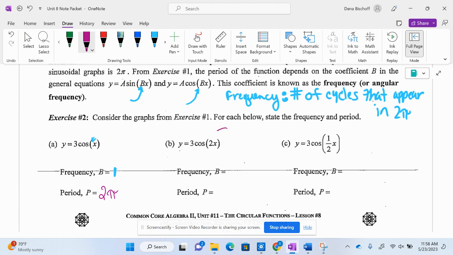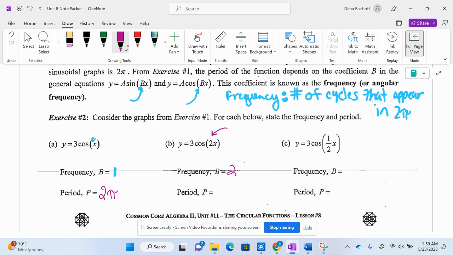But when I changed that coefficient to a 2, my frequency became 2. And when I think about that, how many full cycles or periods were completed in that pi?